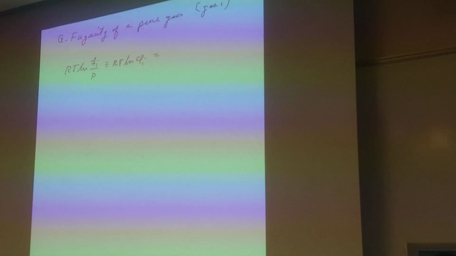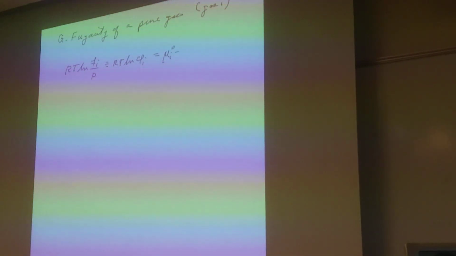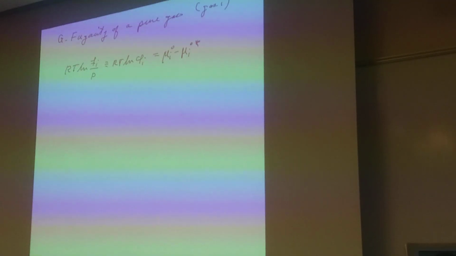And that is equal to the difference of the chemical potential here of the pure component minus the fugacity here of the pure component in the ideal gas state. Continue to write this.